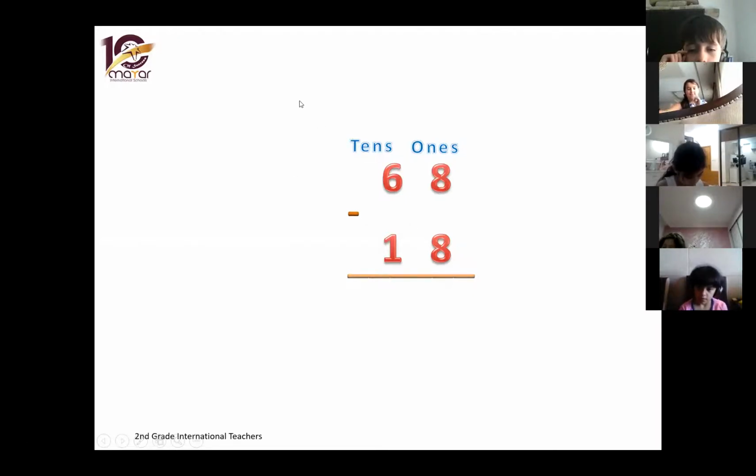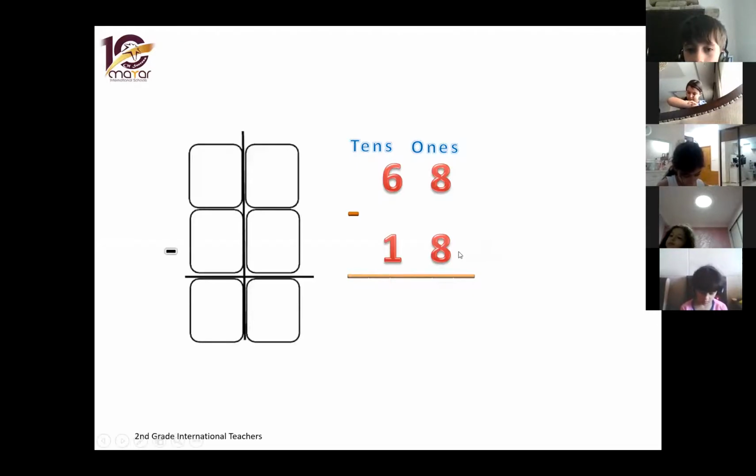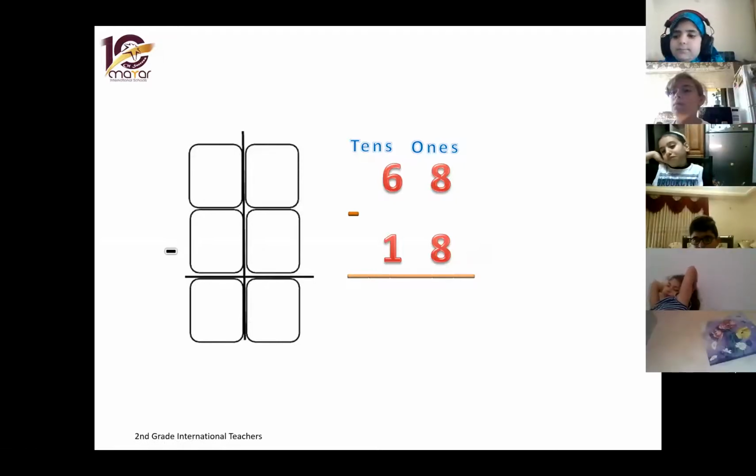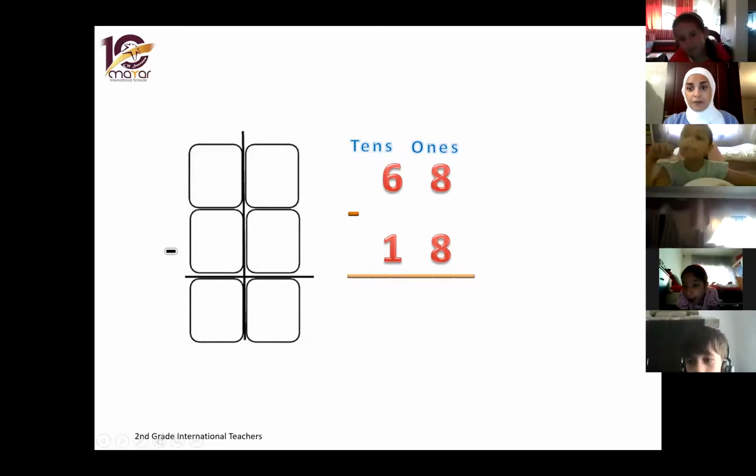So the first thing we do is to check whether the ones are the same or more on top or more on the floor. What do you think? Do we have more on top in the ones or are the numbers the same, Dima? The numbers are the same. So 0 is the game.